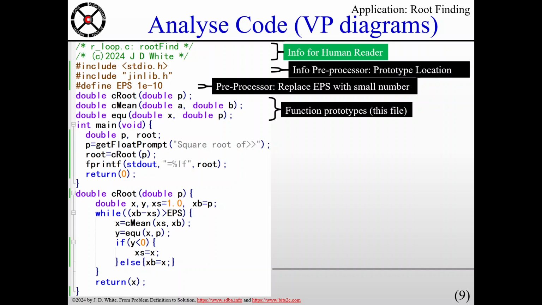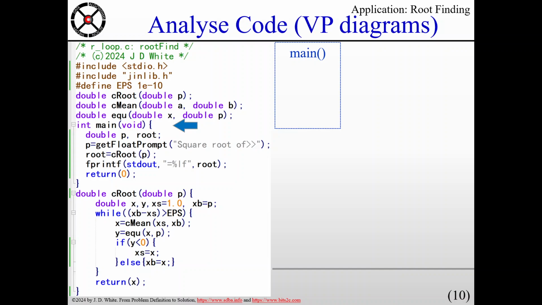After our function prototypes, now comes the main function. Okay. We initialize the main function, and again it tells me get nothing from the operating system and return an integer to the operating system. Okay. I have two variables, p and root, declared. Okay, only two this time.